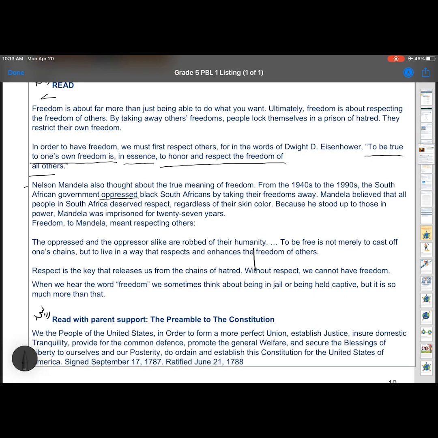Mandela believed that all people in South Africa deserved respect regardless of their skin color. Because he stood up to those in power, Mandela was in prison for 27 years. So they put him in jail for that. Freedom to Mandela meant respecting others.